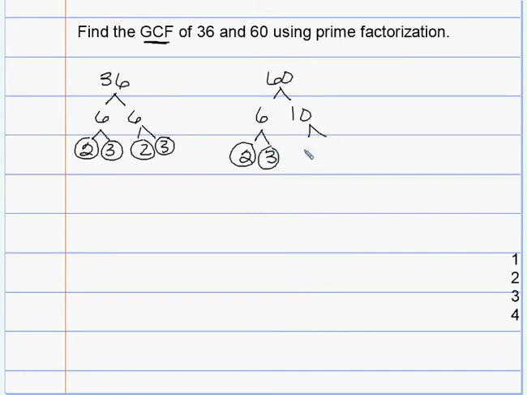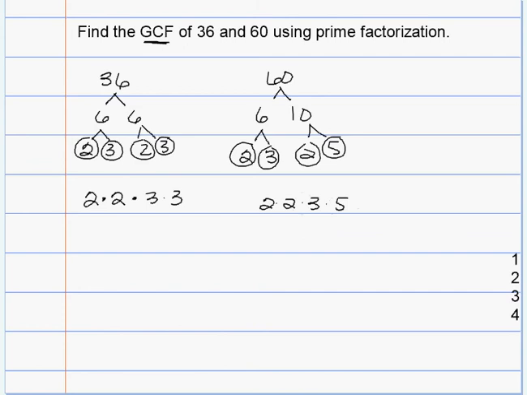And 10 is 2 times 5. Okay, so if I were to write out this in numeric order, it'd be 2 times 2 times 3 times 3. And 60 would be 2 times 2 times 3 times 5.